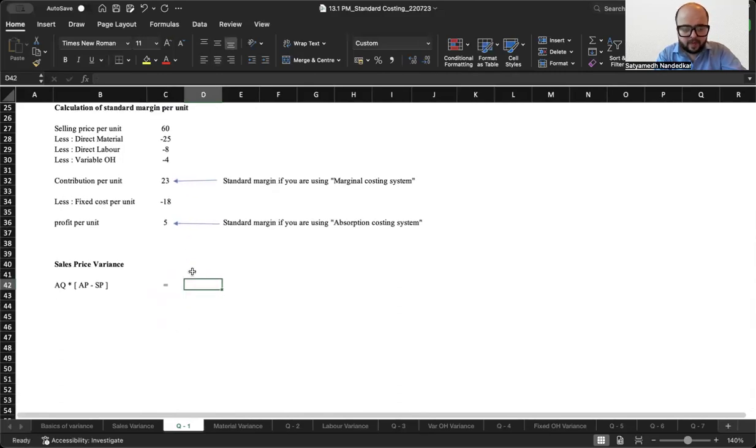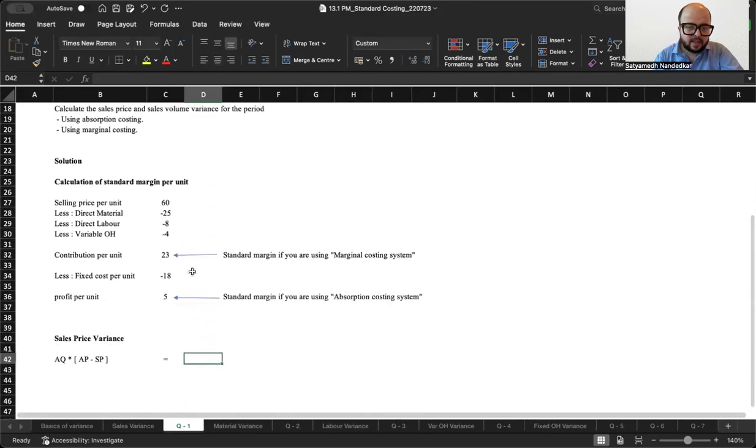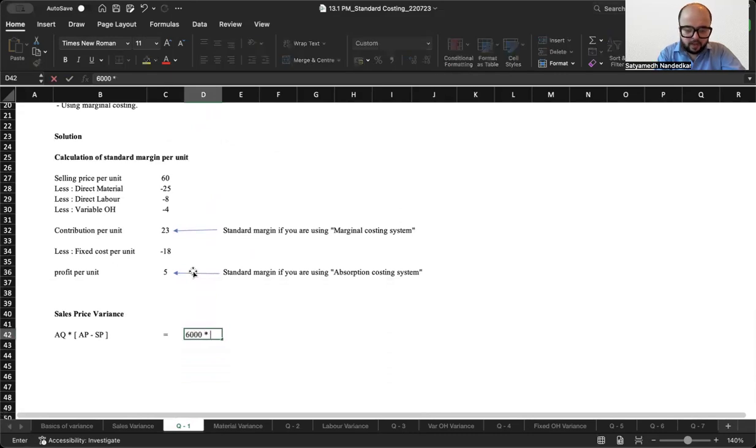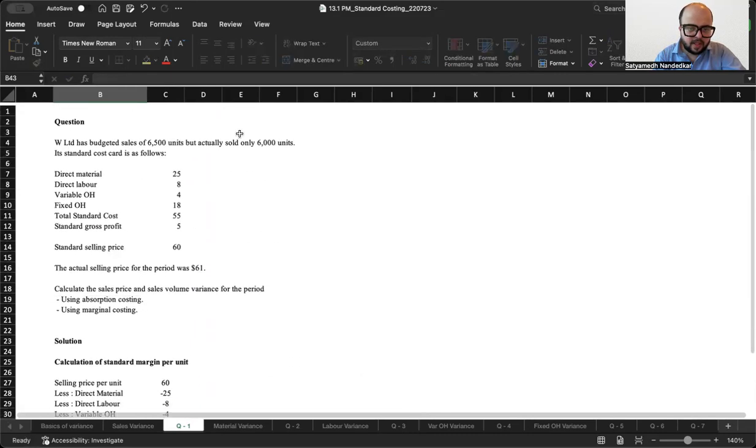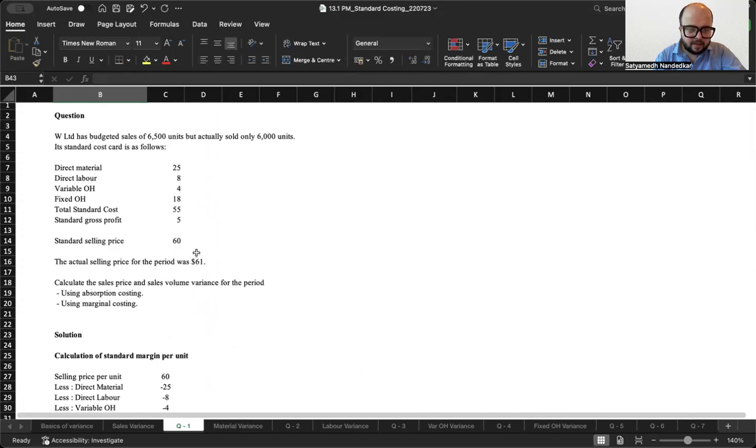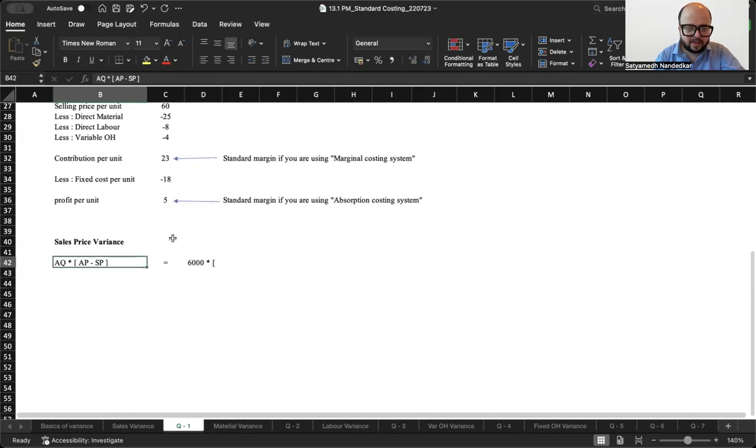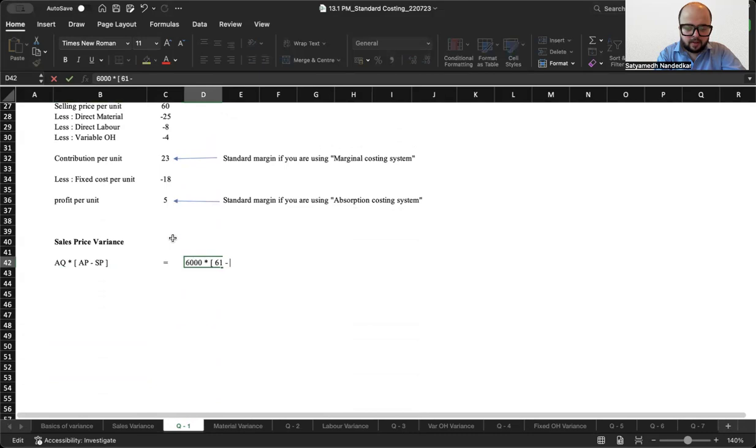Actual quantity is how much? 6,000 units into actual price. What is the actual price? 61. Standard selling price is 60. 61 minus 60. So what do you get? You get a value of 6,000, and I would call this a favorable variance.